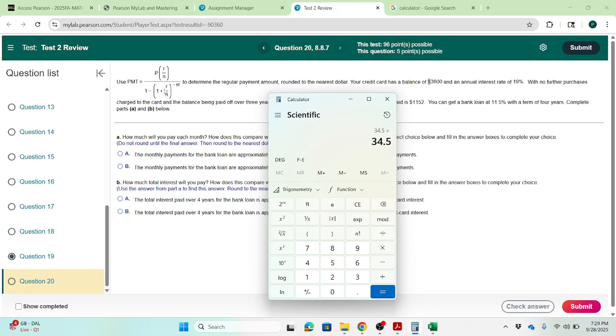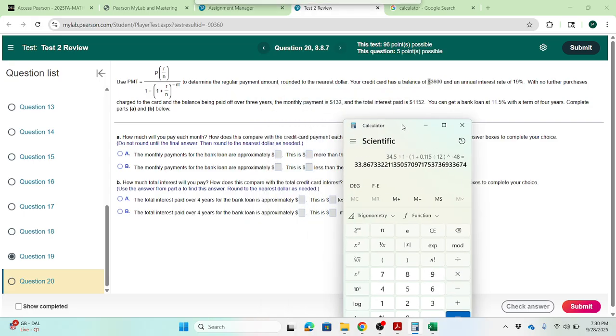Divide that by this number, which is 1 minus, 1 plus the rate 11.5 divided by 12, parenthesis close, to the power negative n times t. So 12 times 4 years, 48. 12 times 4 is 48, but you have to make it negative. Enter. This is the regular payment you have to make.